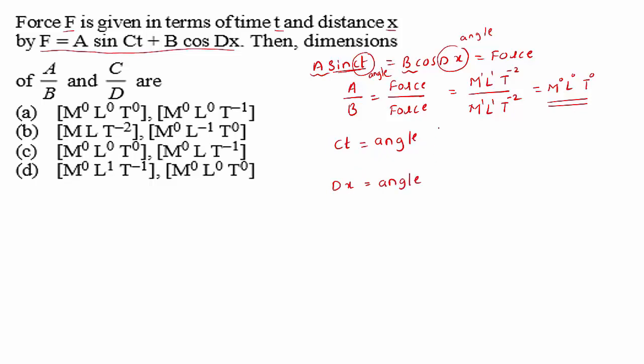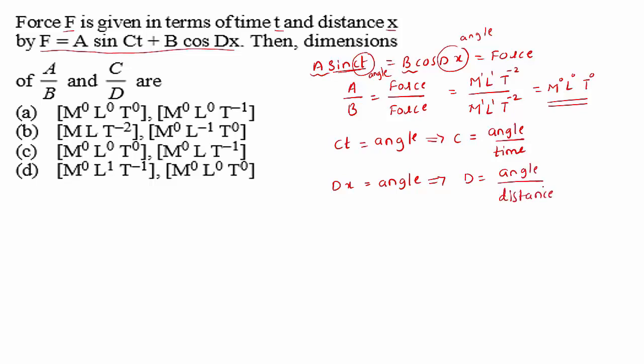We can write it like this. So we want c equal to angle divided by t. When t goes to the RHS, it goes to the denominator, angle by time. Here also d equals angle divided by distance.